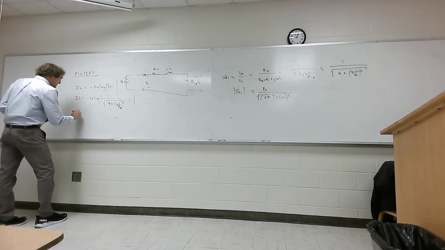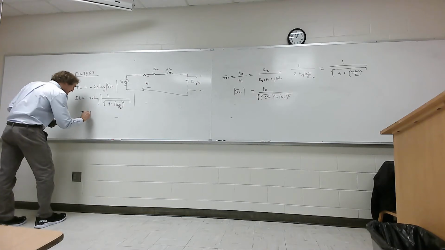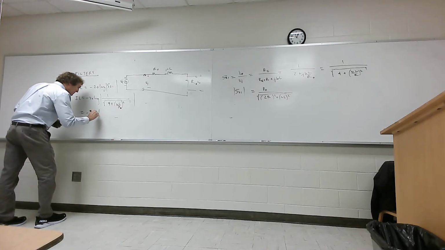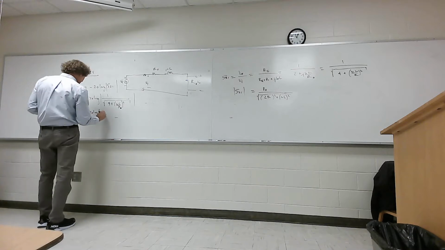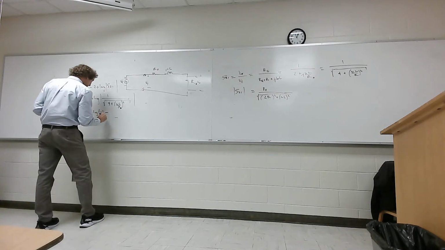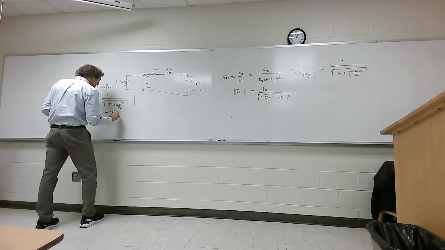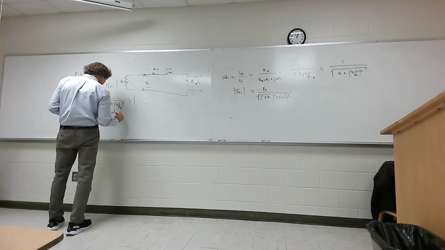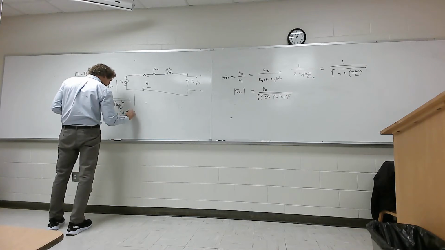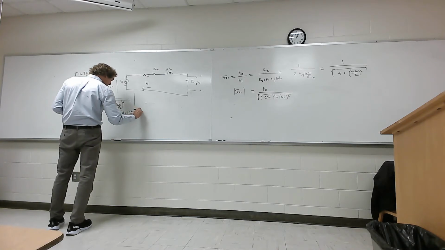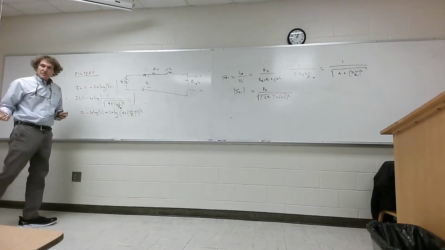And that means it's minus 20 log of 1, which is just 0. And that's minus or plus 20 times the log of this, which is 4 plus omega L over R squared to the 1/2 power. Solve this.